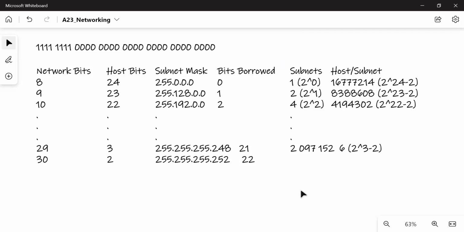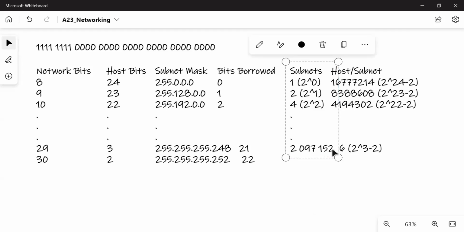So when you have 22 bits borrowed, we know that it's 2 to the power 22. So now this becomes 4 million.